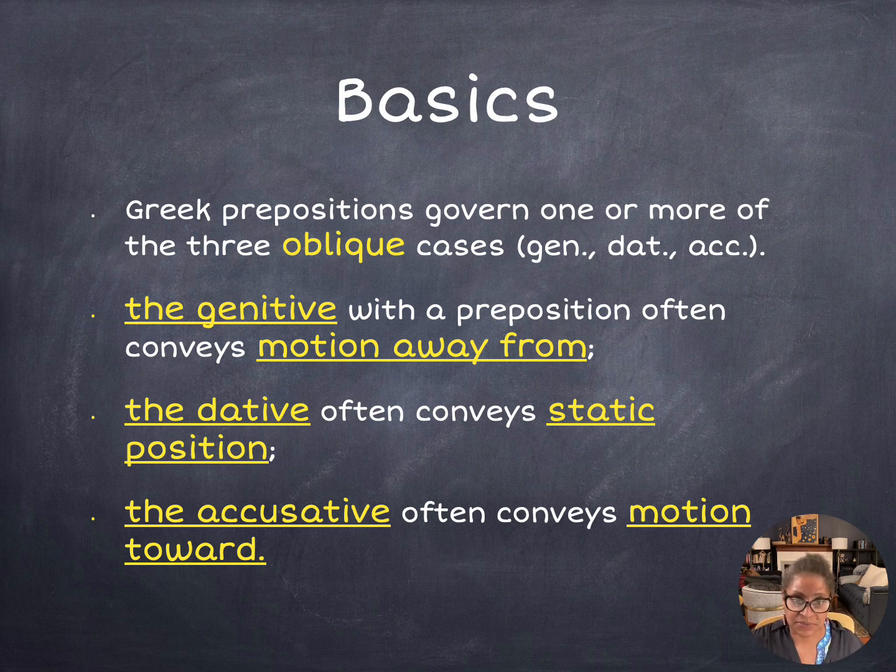So the genitive with a preposition often conveys the idea of motion away from something or out of something. The dative often conveys static positioning, and the accusative often conveys motion toward something. Okay, so let's look at the prepositions in question.